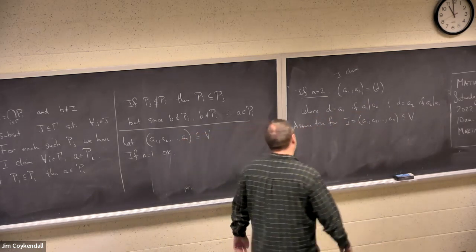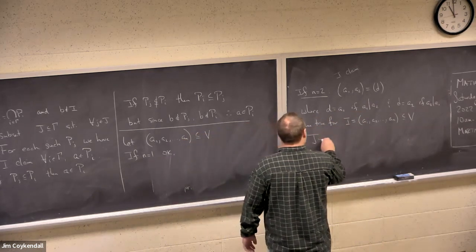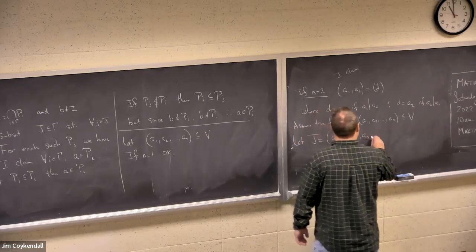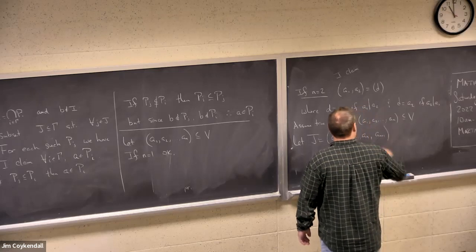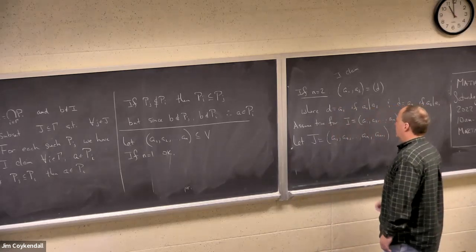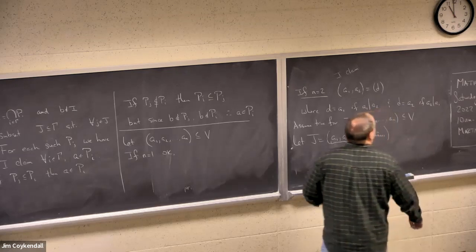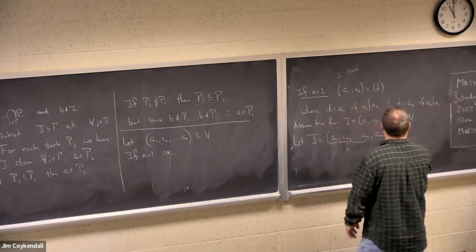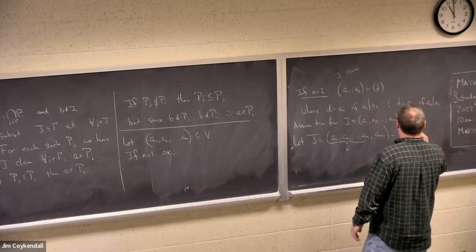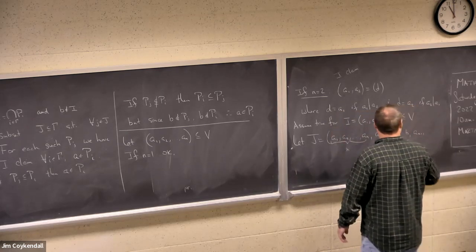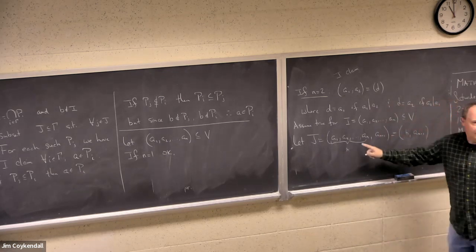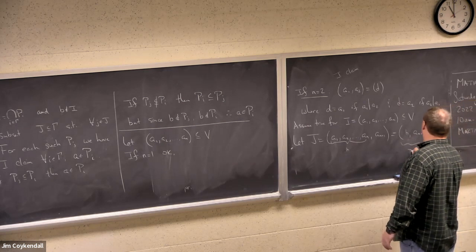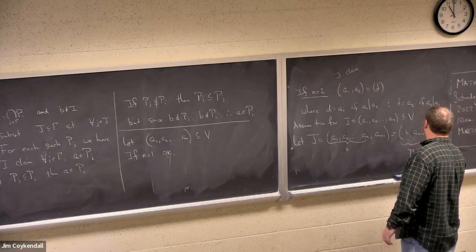Let J be this one, which is principal. So it's easy to show this is B one, with B the principal generator for the first N elements. And this is principal.